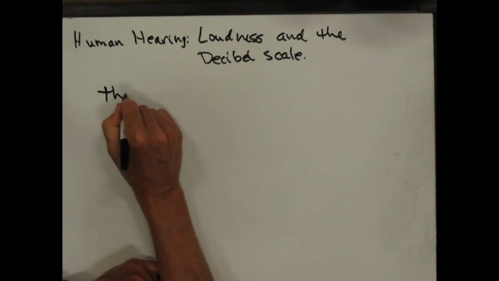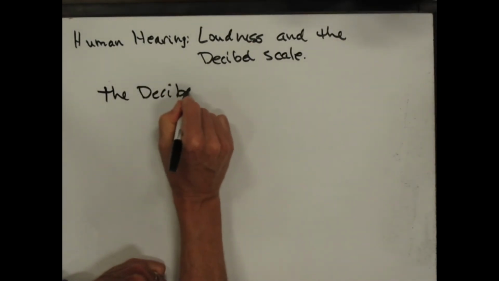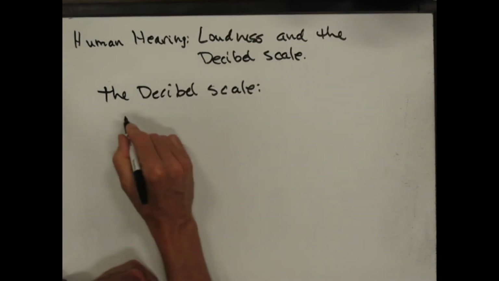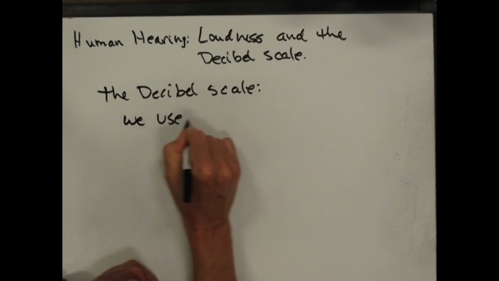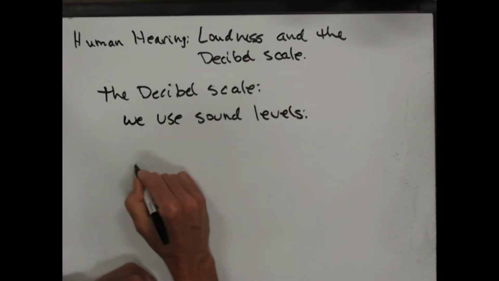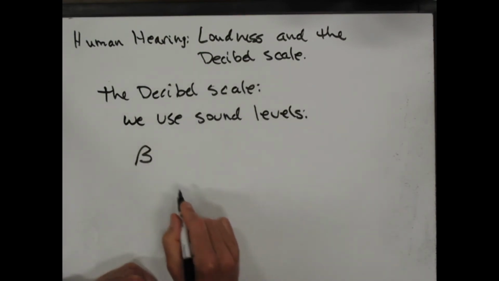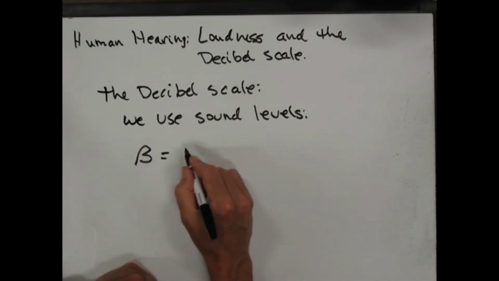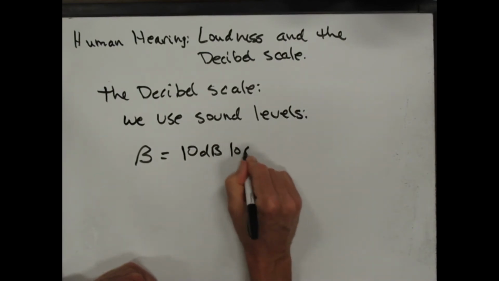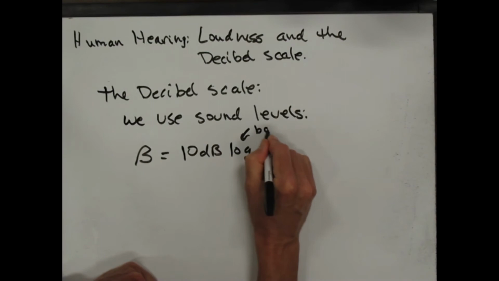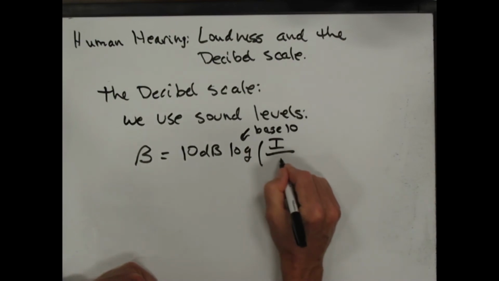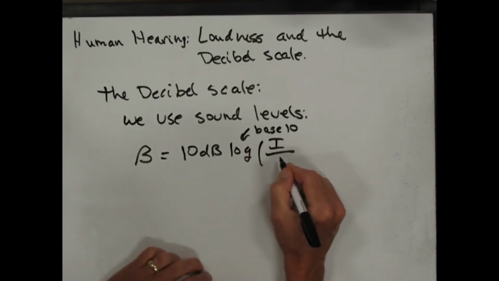So the sound level is represented by the Greek letter beta, and it's 10 decibels times the log, base 10, of the intensity over what we call I0.